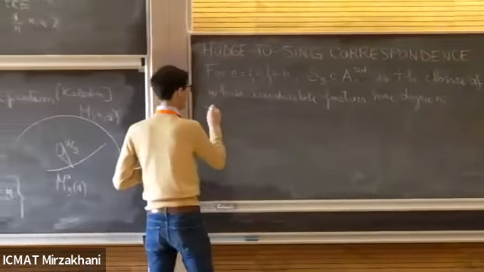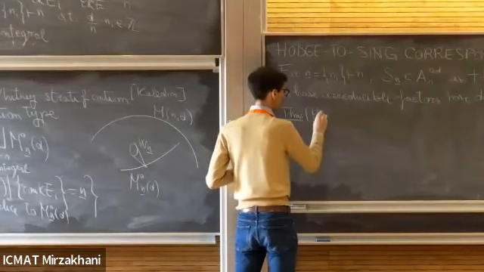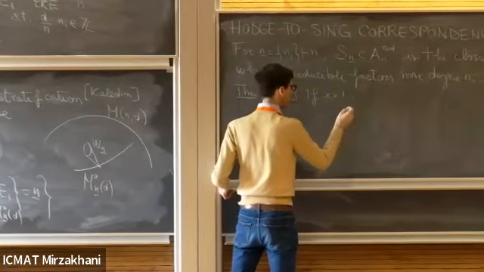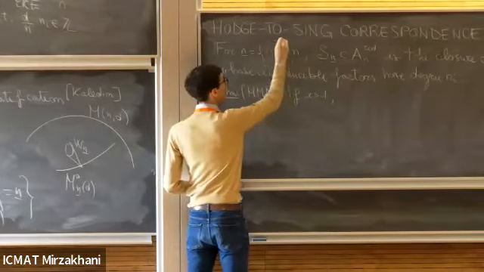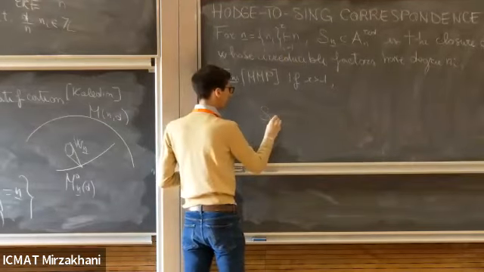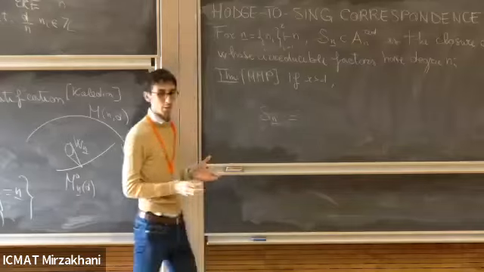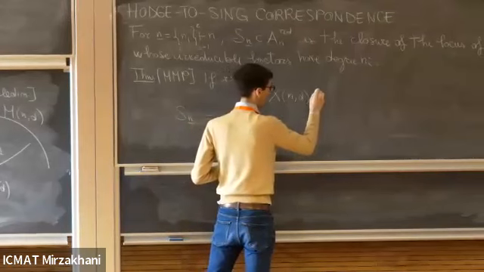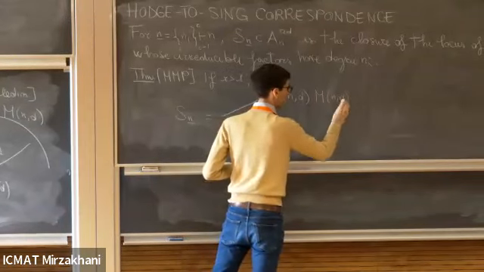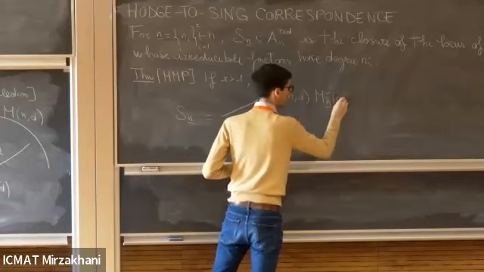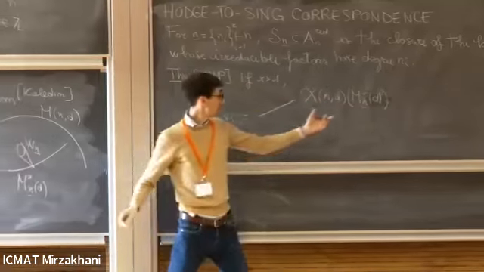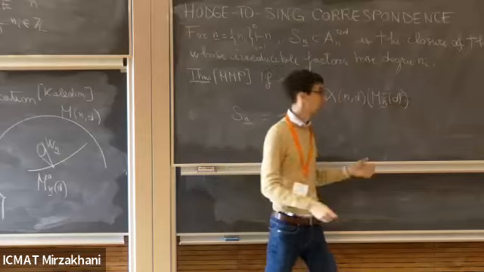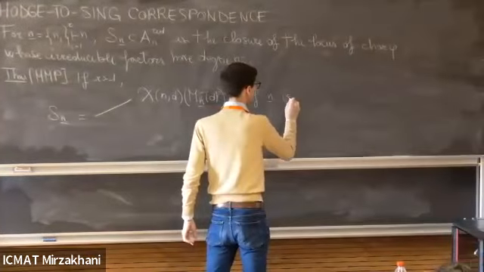And now I have the following dichotomy, the first part of the Hodge-to-singular correspondence. If r is greater than 1, where r is the length of the partition, then S_n has the following behavior. Either it is the image of the closure of one of the strata before, but this appears only if the partition is the integral, so if n is the integral.